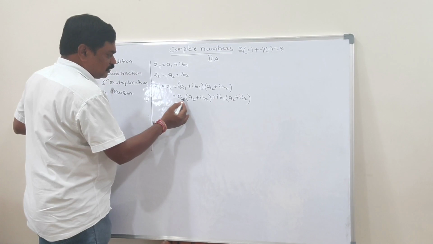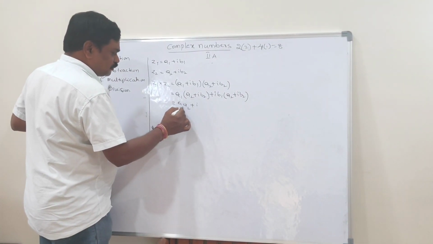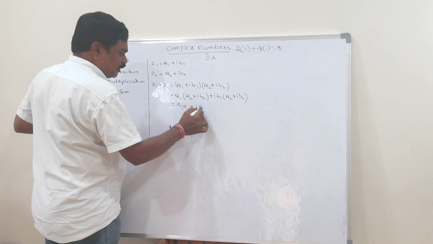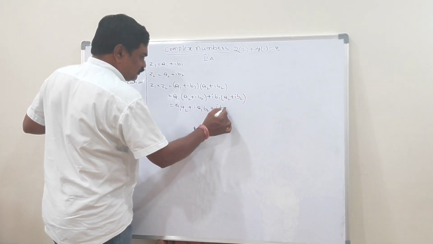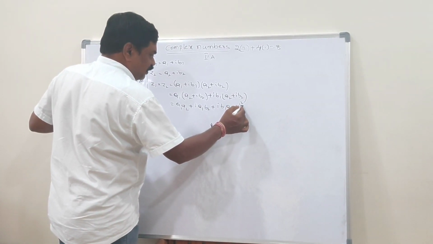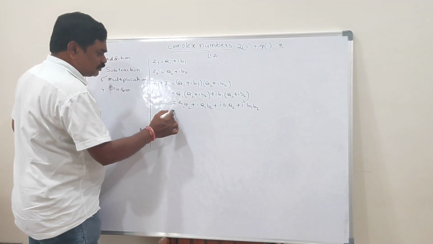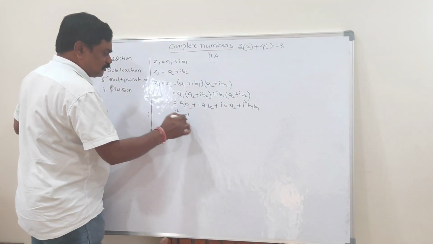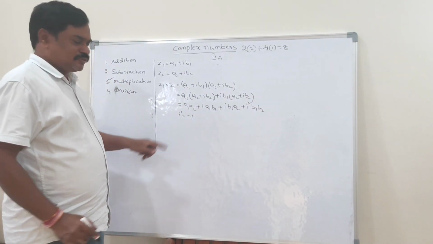Here you observe a1 a2 plus i into a1 b2 plus i into b1 a2 plus i into i square b1 b2. You see all of you, what is the i square value? Minus 1. This i square value is minus 1.